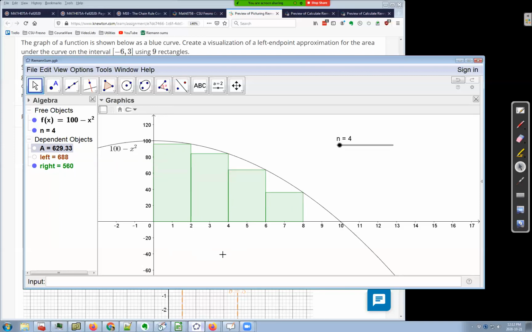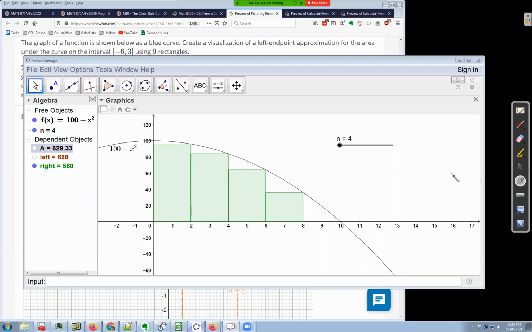If you look at the picture, the area under all four of these rectangles is at least kind of close to the area under the curve. GeoGebra here is telling us all the answers, so we can kind of cheat.